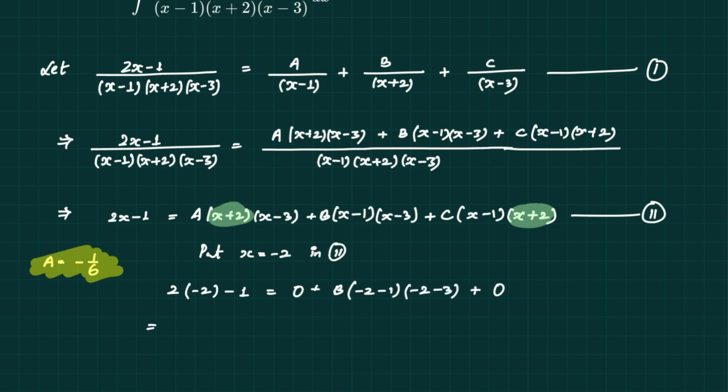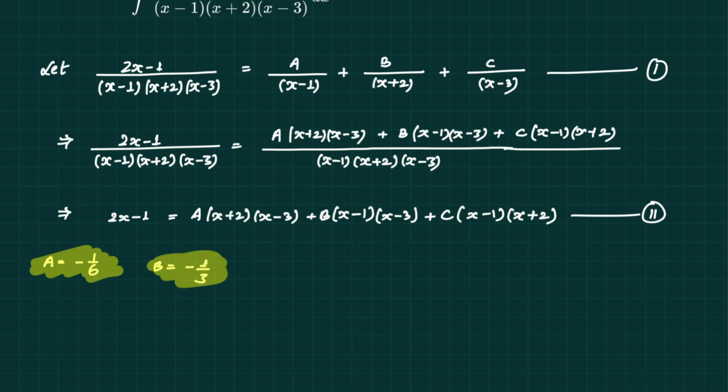So on simplifying, we have minus 5 equals 15b. So this gives the value of b equals minus 1 by 3.